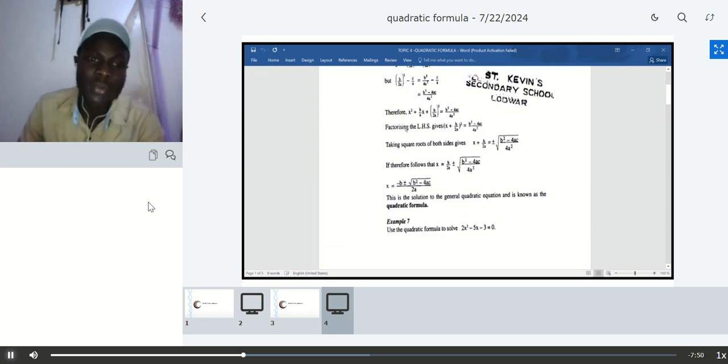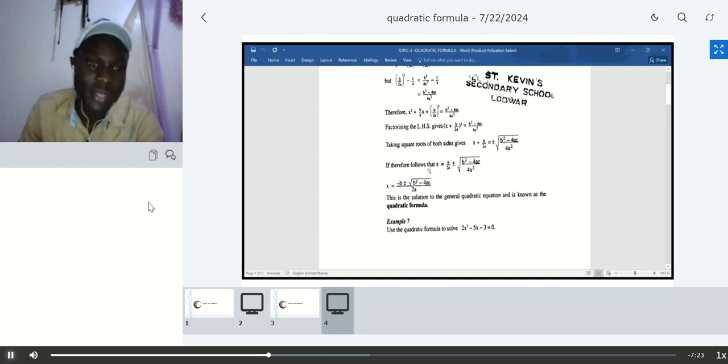Therefore, x squared plus b over a x plus b over 2a squared is equal to b squared minus 4ac over 4a squared. We factor the left hand side, which gives us x plus b over 2a squared is equal to b squared minus 4ac divided by 4a squared. Now we take the square root of both sides, which gives x plus b over 2a is equal to plus or minus the square root of b squared minus 4ac over 4a squared.